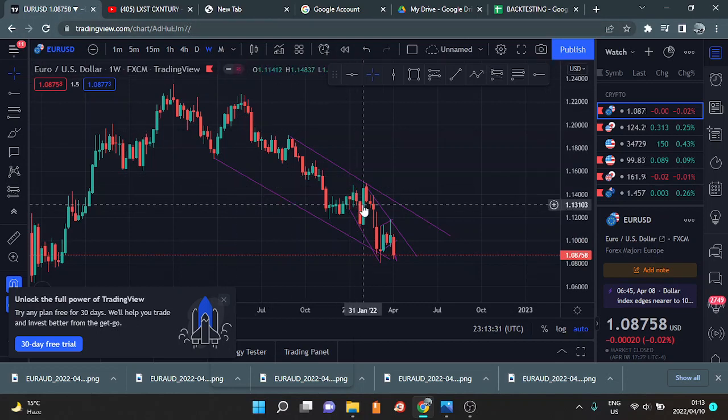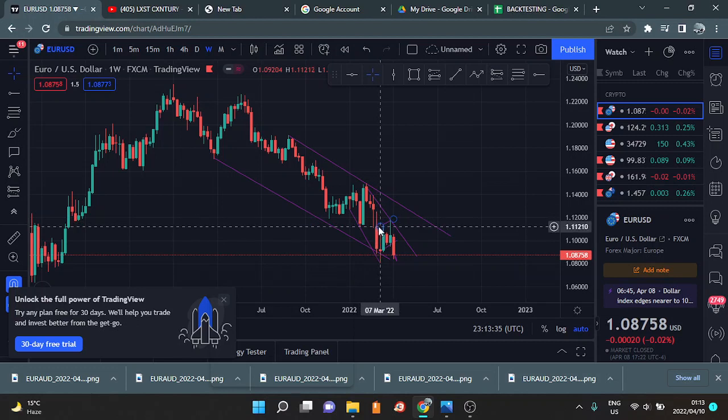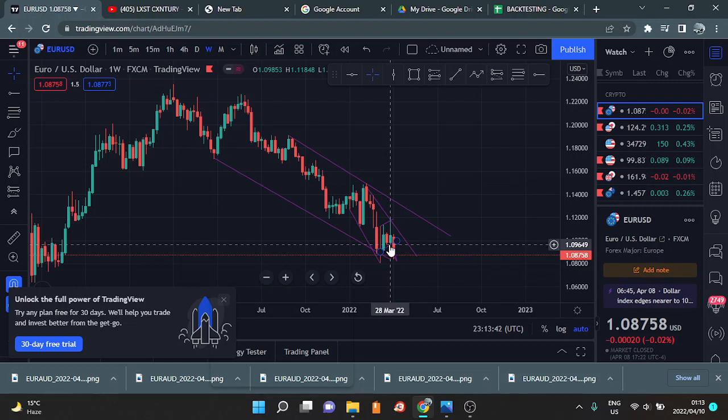As you can see on the weekly time frame, the market has been pushing to the downside as it was forming a correction here, then closed to the push to the downside, breaking the previous higher low, closing below the structure, which indicates more momentum to the downside on weekly time frame of EURUSD.